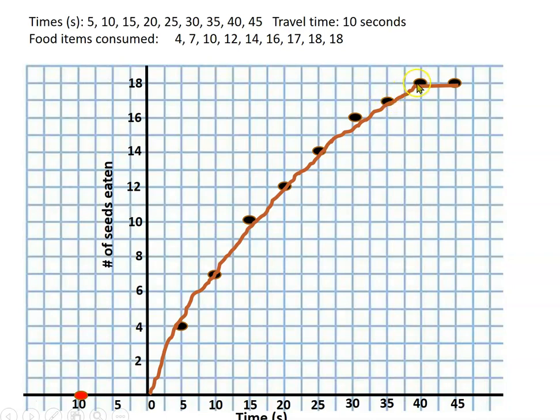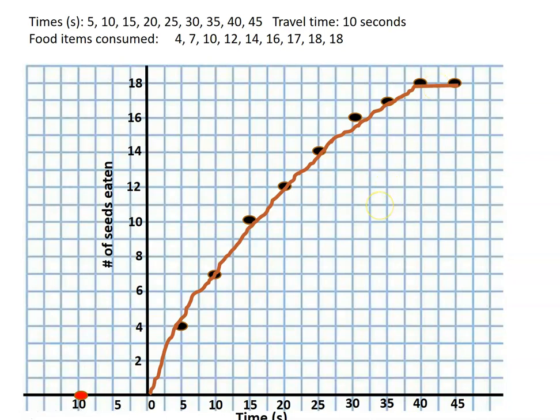This gets back to the idea of diminishing returns: the longer the bird is in the patch, or the longer the squirrel is in the patch, or the longer the wolf is in the patch, I guess, the less energy there is in that patch to be consumed. And so we will experience these diminishing returns. So you see this same sort of curved shape as we're looking at optimality models. Okay, so I think we've got that part down.